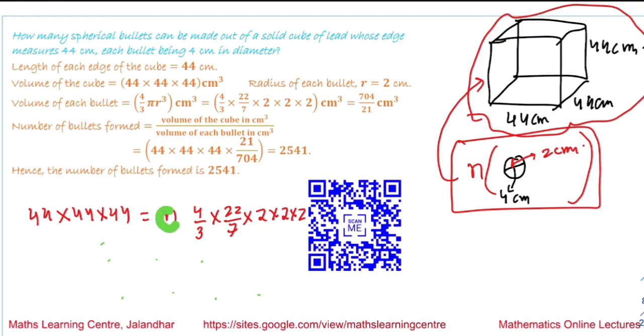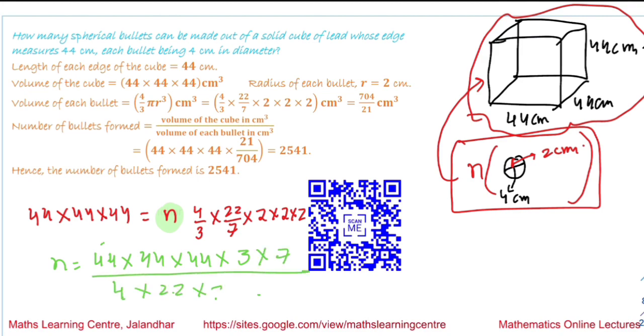So we have to calculate the value of n. We get n is equal to 44 into 44 into 44 into 3 into 7 over 4 into 22 into 2 into 2 into 2.